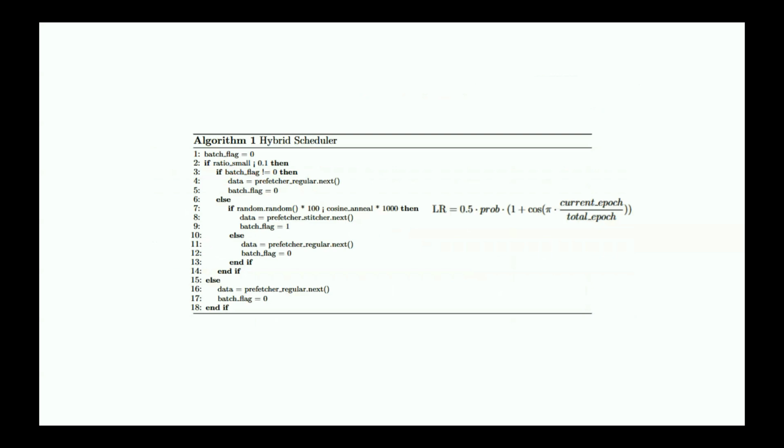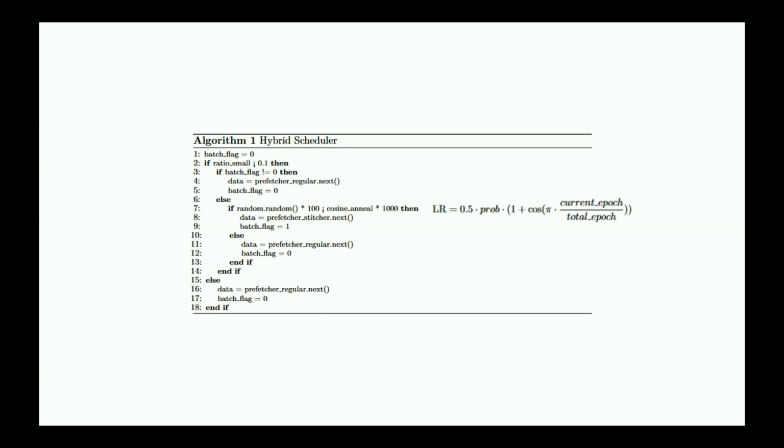So we simply put the cosine annealing learning rate function inside the original schedule to form a hybrid schedule, like this algorithm. The hybrid scheduler has two controllers. The outside one is the original loss value ratio based controller, like line 2. And the inside controller is the cosine annealing learning rate function, like line 7.